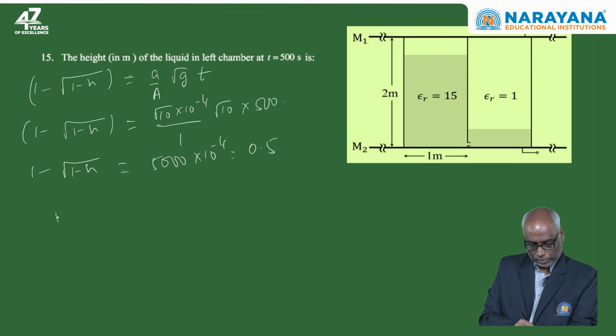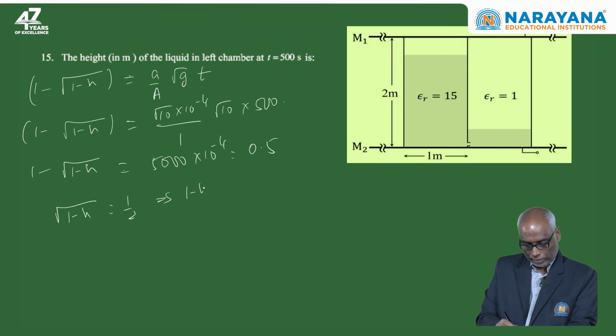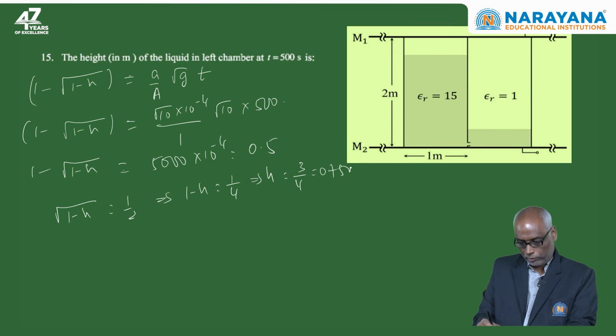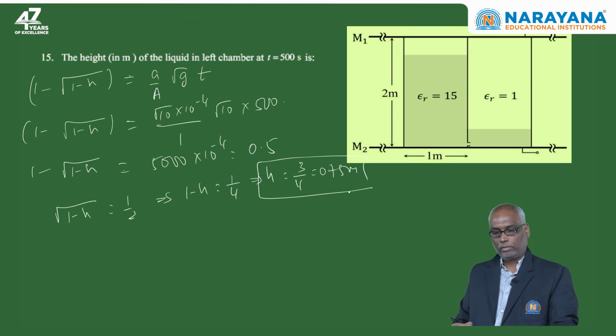So, root of (1 minus h) is equal to 1 by 2. This implies 1 minus h is equal to 1 by 4, h is equal to 3 divided by 4, which is 0.75 meters. So, at 500 seconds, the height of the liquid in the right chamber is 0.75 meters.